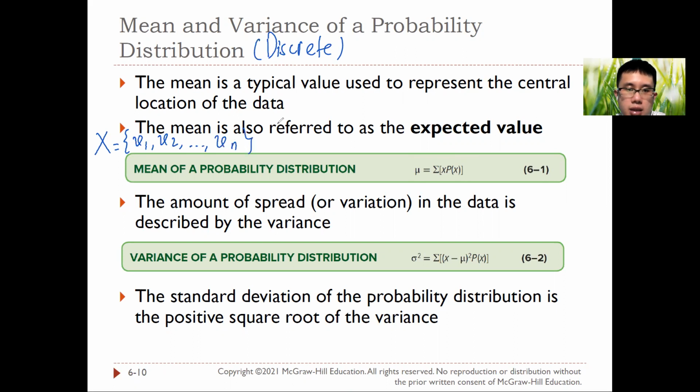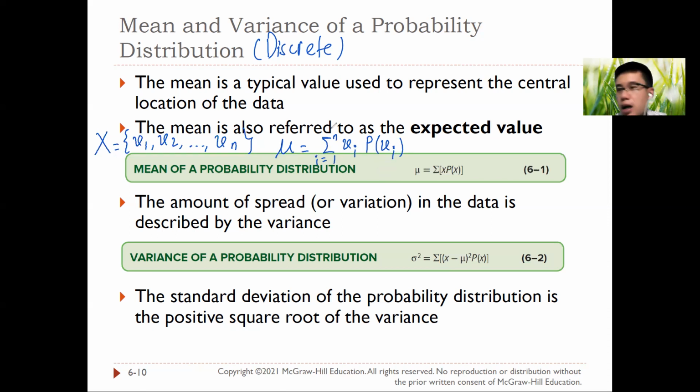If we rewrite the formula, it becomes mu is equal to sigma of x subscript i times the probability of x subscript i, where i runs from 1 until n.